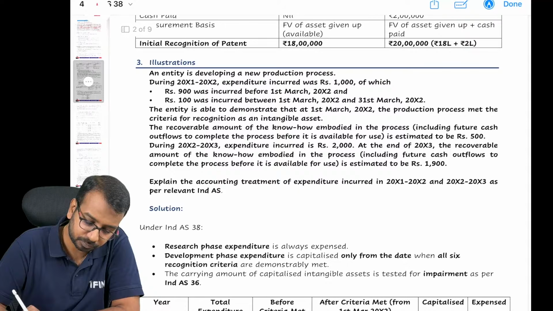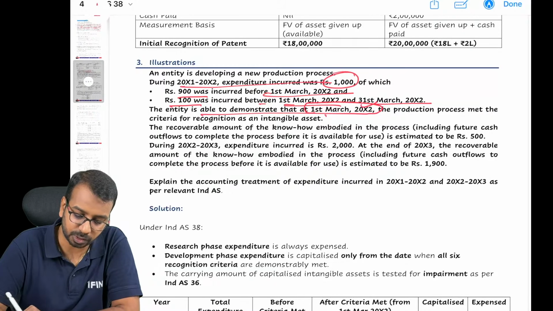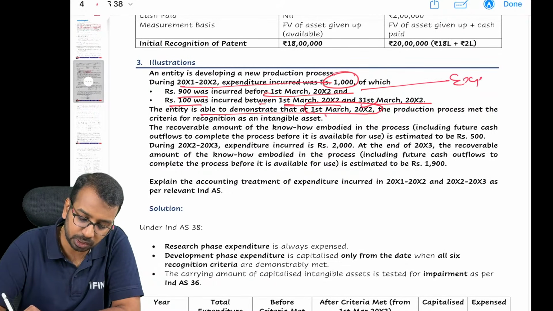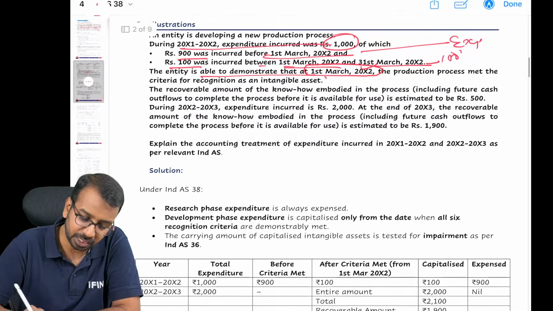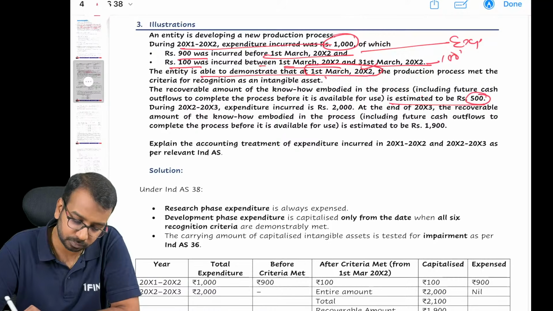Here, what I was saying: expenditure incurred was 1,000, 900 was incurred before 1st of March, 100 was incurred between 1st and 31st of March. Demonstration that it will be an intangible asset is 1st of March. So 900 is expensed, only 100 you will capitalize. The recoverable amount is estimated to be 500. During years 2-3, expenditure of 2,000 was incurred.